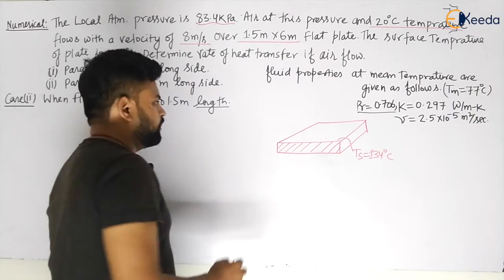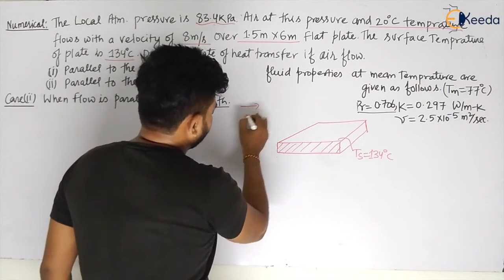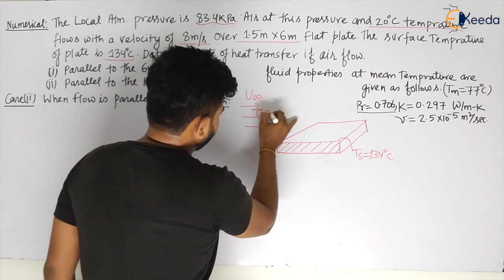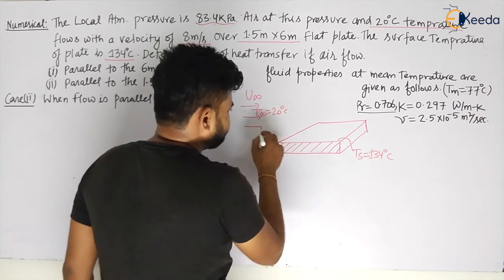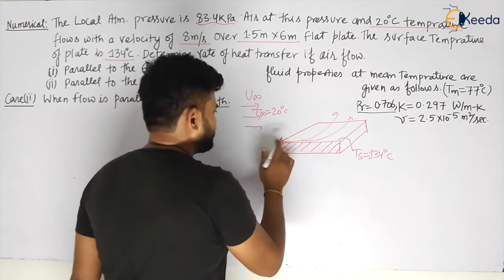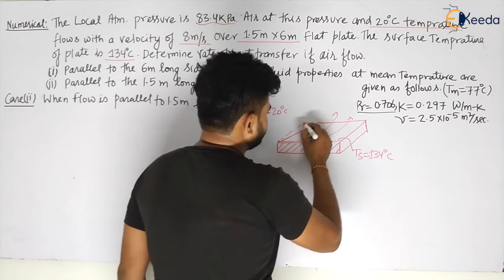Now again fluid is coming in this direction with some velocity u infinity and temperature T infinity, which is 20 degrees Celsius, and this will flow over the plate, but there will be some boundary layer generation.